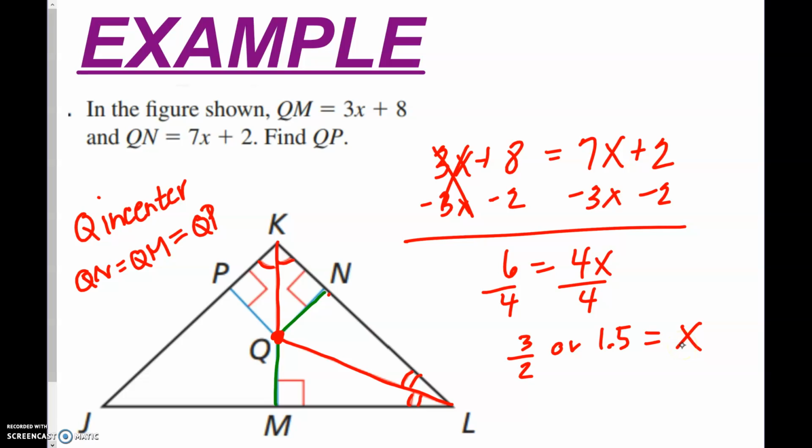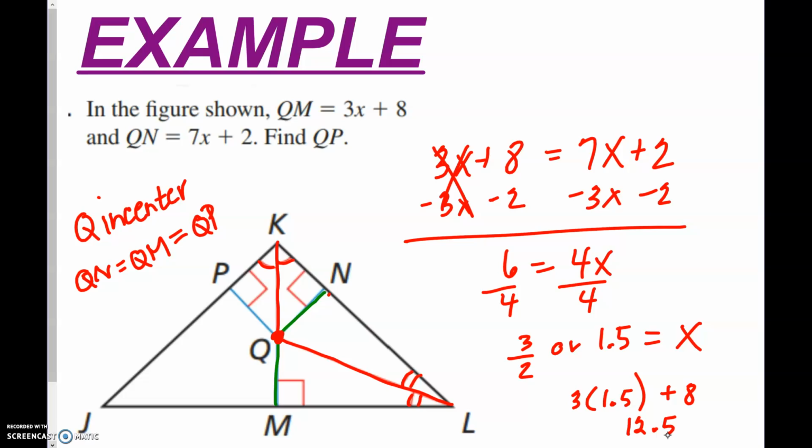All right, now they really want to know what QP is, so it doesn't matter which one I plug this into. So I'm just going to take 3 times 1.5 plus 8. So grab your calculator. 3 times 1.5 plus 8. And I got 12.5 here.